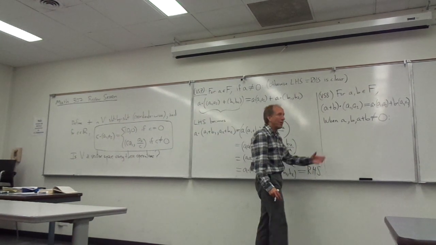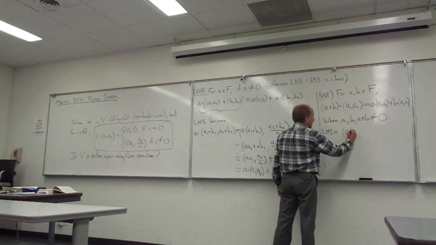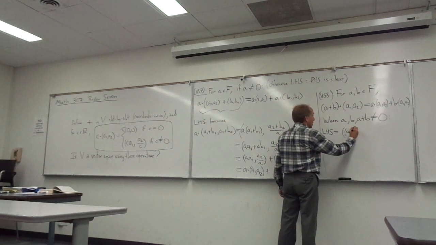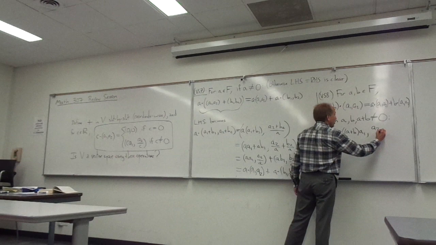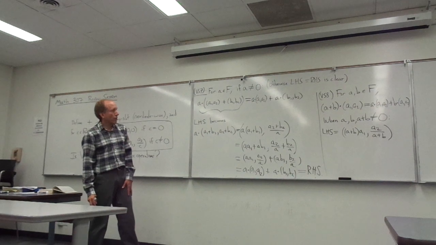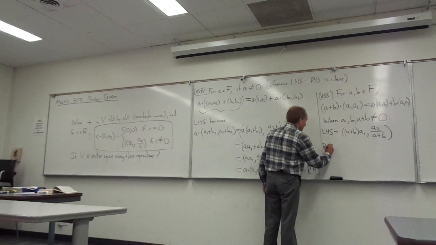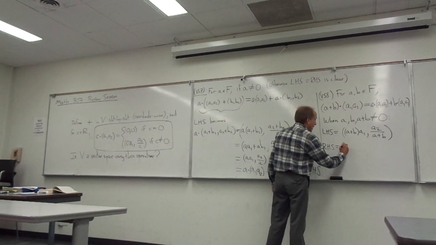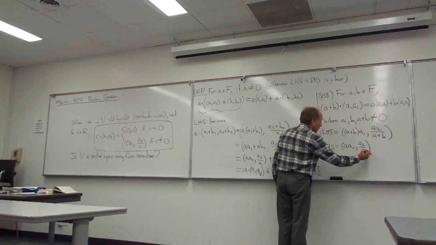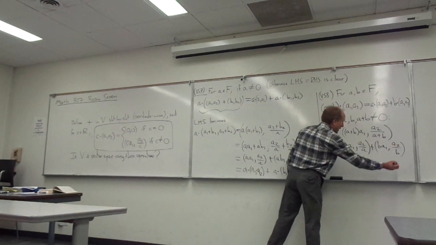For the left-hand side, we're going to get (a + b) times the quantity (a1, a2/(a + b)). That's the left-hand side, but the right-hand side is going to be (aa1, a2/a) plus (ba1, a2/b).